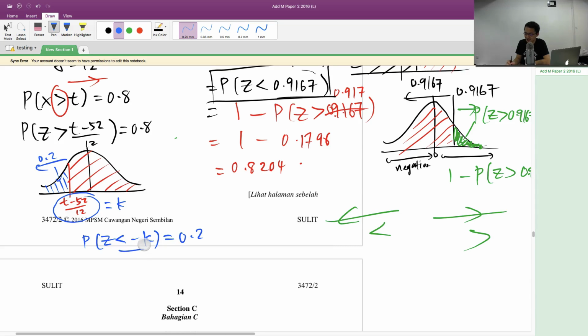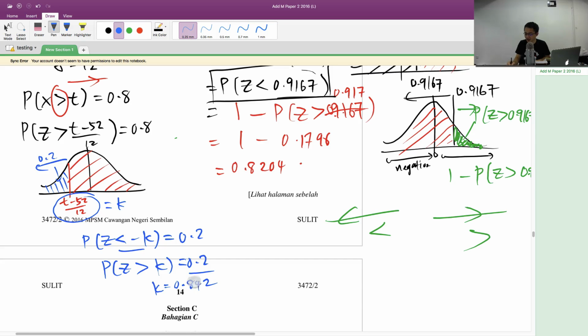Less and negative together, you can change it to become bigger, equals 0.2. Then 0.2, you can easily get from your table. So I will find 0.2 from my table, and I will get 0.842. So k is equal to 0.842.